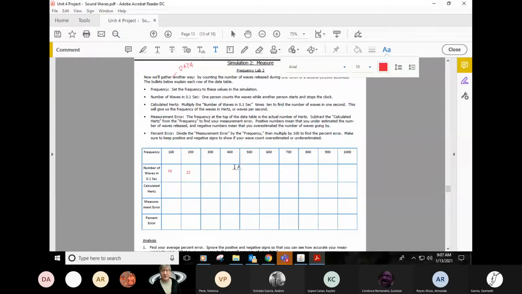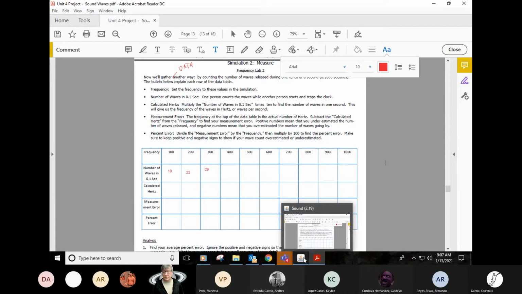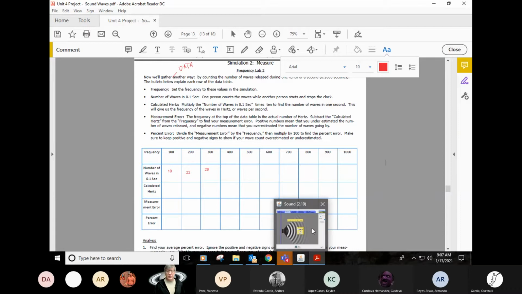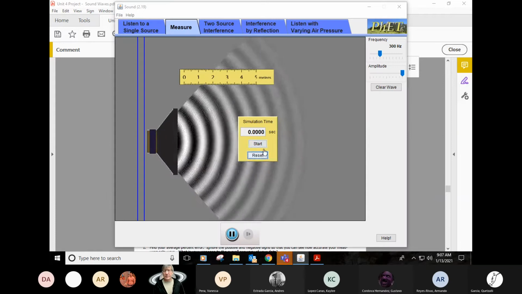Enter your data. Maybe I got, again, I'm just making this number up, maybe I got about 28. So record how many you counted. I'm going to reset this.